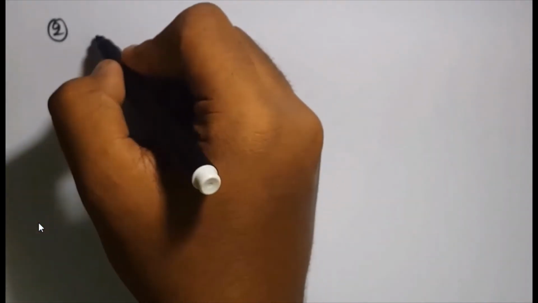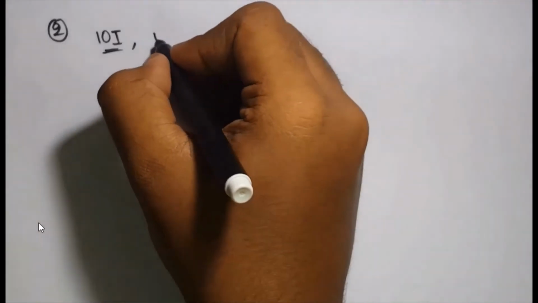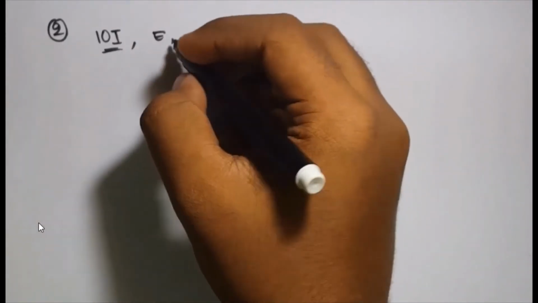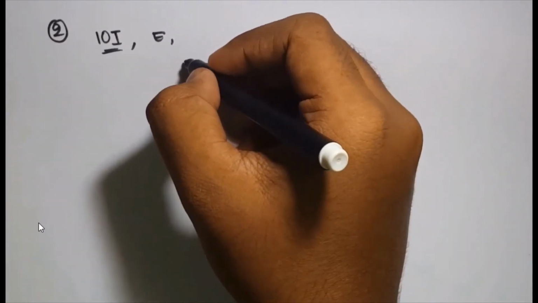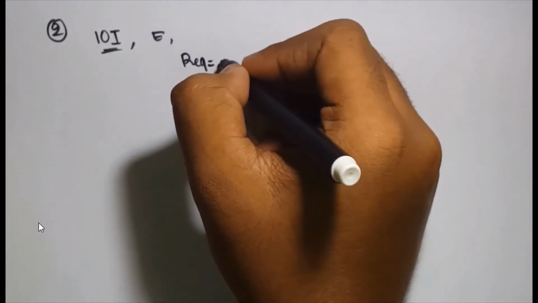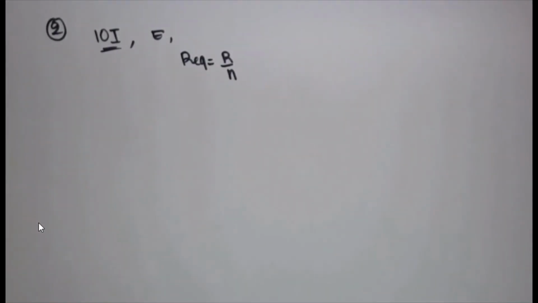Now in the second case, the current drawn from the arrangement is 10I. The arrangement is again connected to the same battery of EMF E, and the equivalent resistance that we derived from the previous discussions is R equivalent equals R by n. And there is also the extra additional resistance of the battery, that is the internal resistance, which is also connected in series with the arrangement.